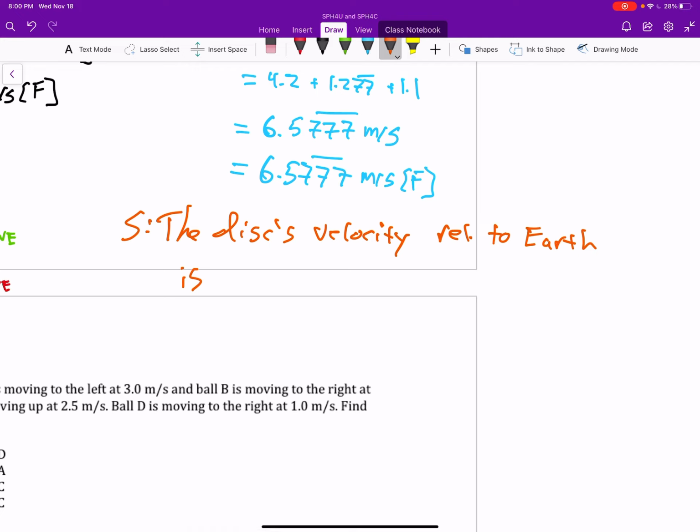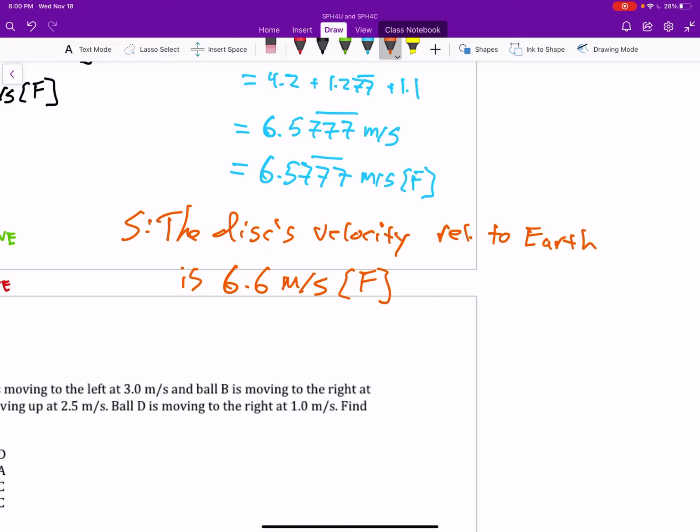And again, 1 decimal place. So you can see that if we factor in the water motion, the disk appears to be going even faster relative to a person on the shore.